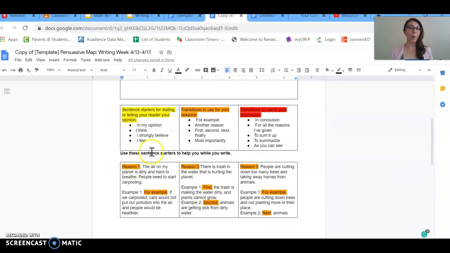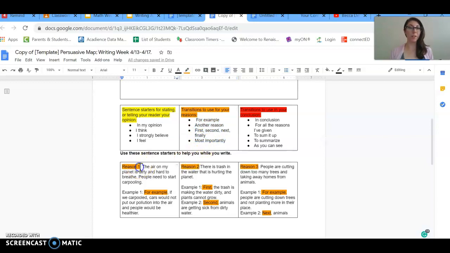Okay, let's talk about sentence starters. Sentence starters are ways to start your sentences in ways that really grab your reader's attention, make your readers want to read more, and make it really easy for you to start new sentences. We're going to be looking at these sentence starters in the orange box.